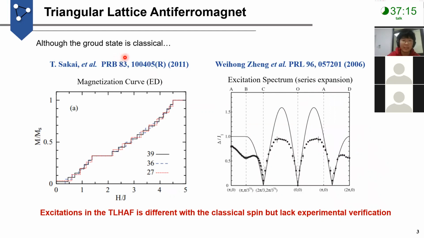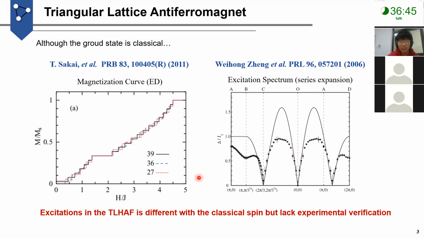Although the ground state is much more classical, the theoretical prediction of the magnetization curve shows a famous 1/3 magnetization plateau, which contradicts the classical spin predictions. And the excitation spectrum predicted by the series expansion also indicates a large discrepancy between the linear spin wave prediction and the series expansion.